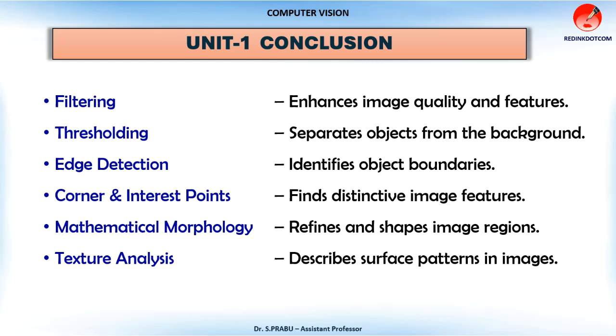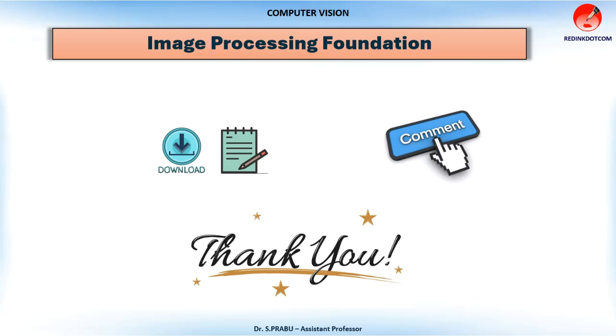Edge and corner detection follow, identifying the object boundaries and distinctive points, while morphological operations refine and clean these shapes. Finally, texture analysis describes surface patterns, completing the foundation for feature extraction in computer vision applications. Now the first unit ends.